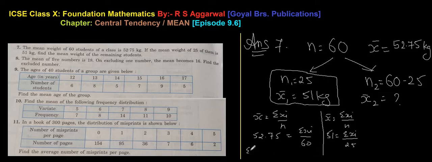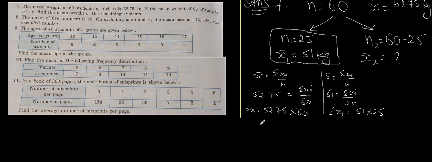So here sigma xi is equal to 52.75 multiplied by 60, and on this side sigma xi is equal to 51 multiplied by 25. Now this one is equal to 3165 and this is 1275.